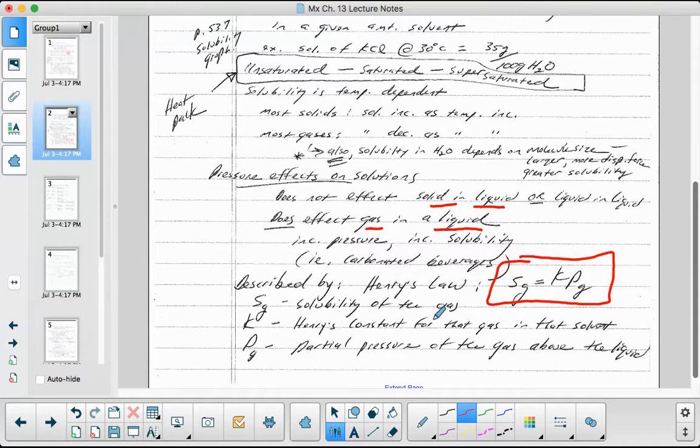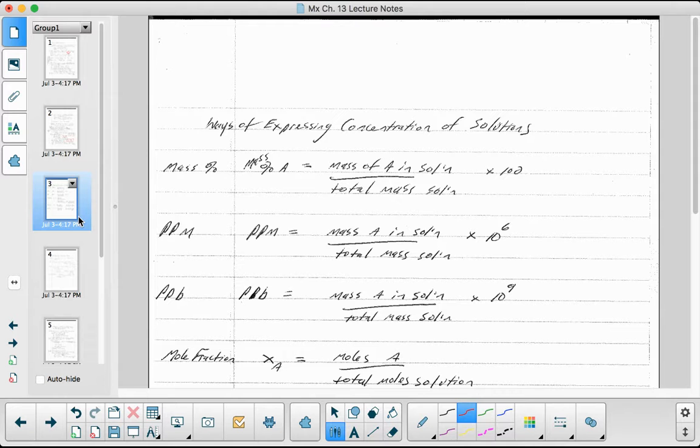There's one problem associated with that in the problem set, so you'll be able to see how straightforward and easy that is.